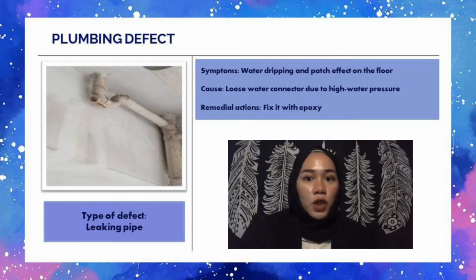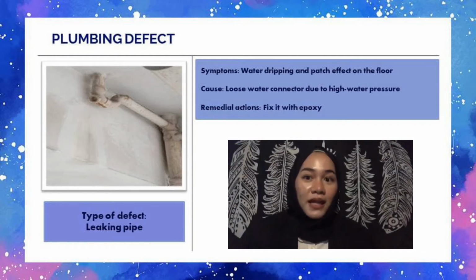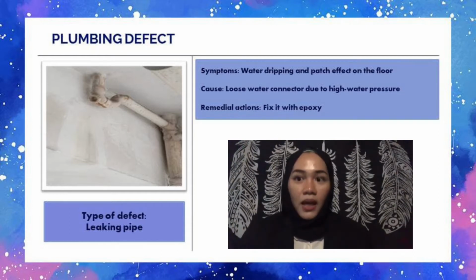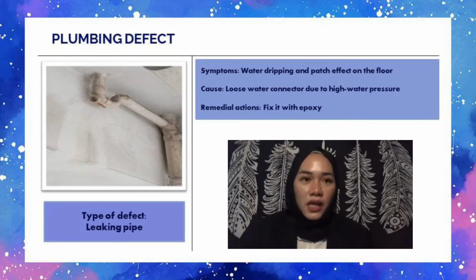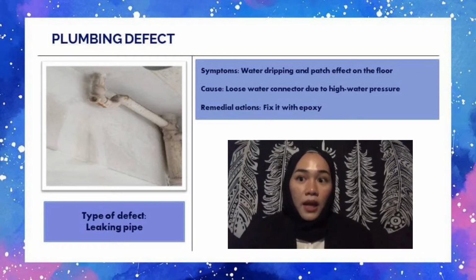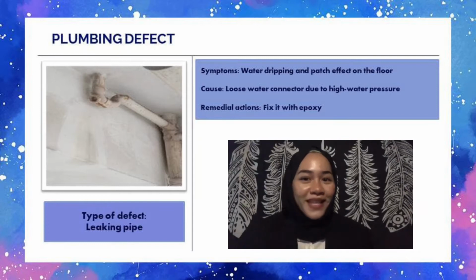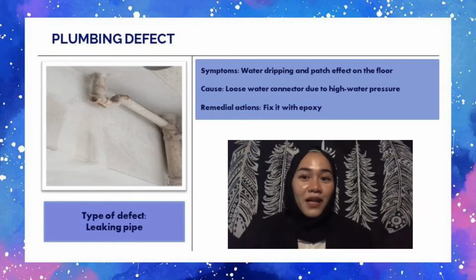First, make sure the leaking spot is dry, then apply the epoxy at the leaking spot and wait several minutes for it to completely dry and harden. Lastly, seal the pipe with a suitable tape for leaking, such as silicone tape, and wrap it around the pipe to give more strength.